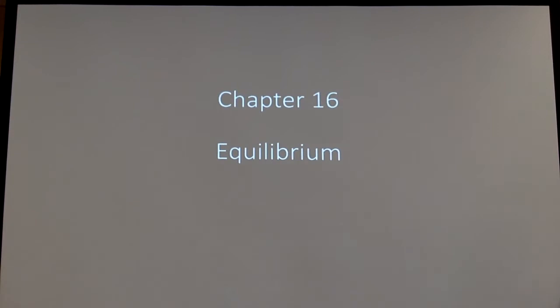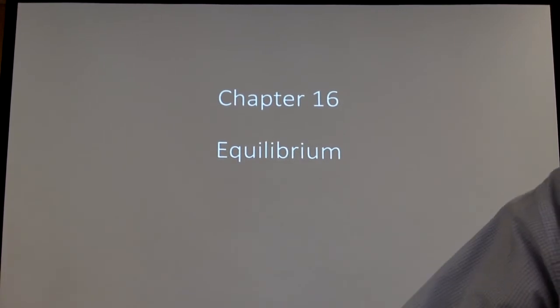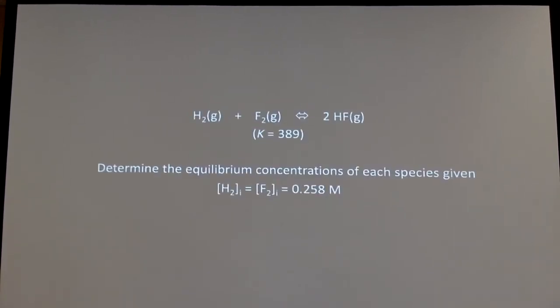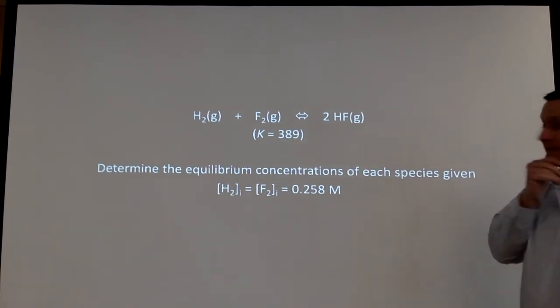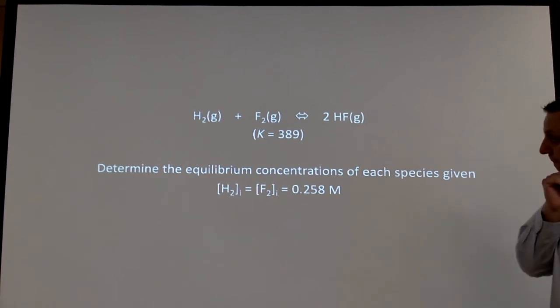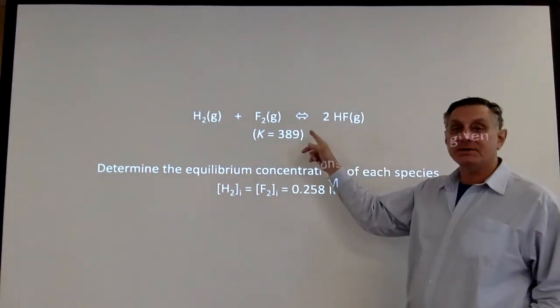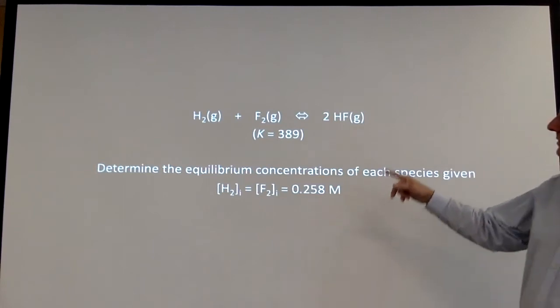So today we're going to finish equilibrium. There are a couple more problems that I want to wrap up, and we will then move into acids and bases. In our last lecture we spent some time talking about this reaction where hydrogen and fluorine go to HF.